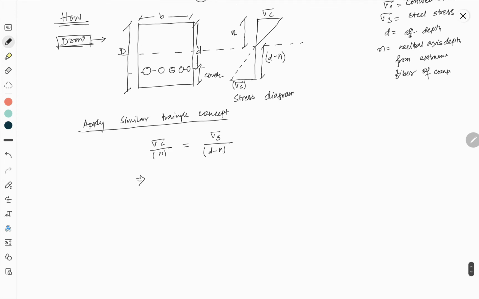From here I can write d minus n by n equal to sigma s by sigma c.